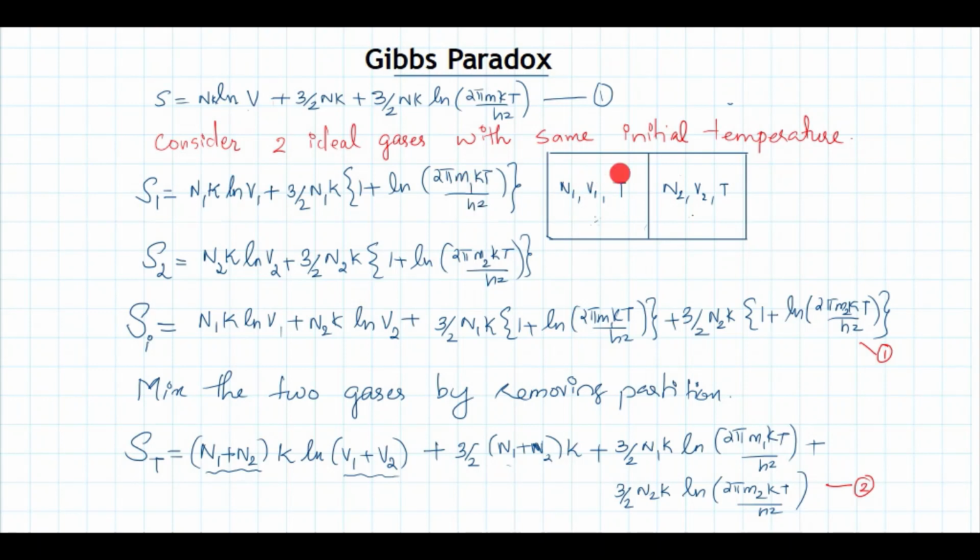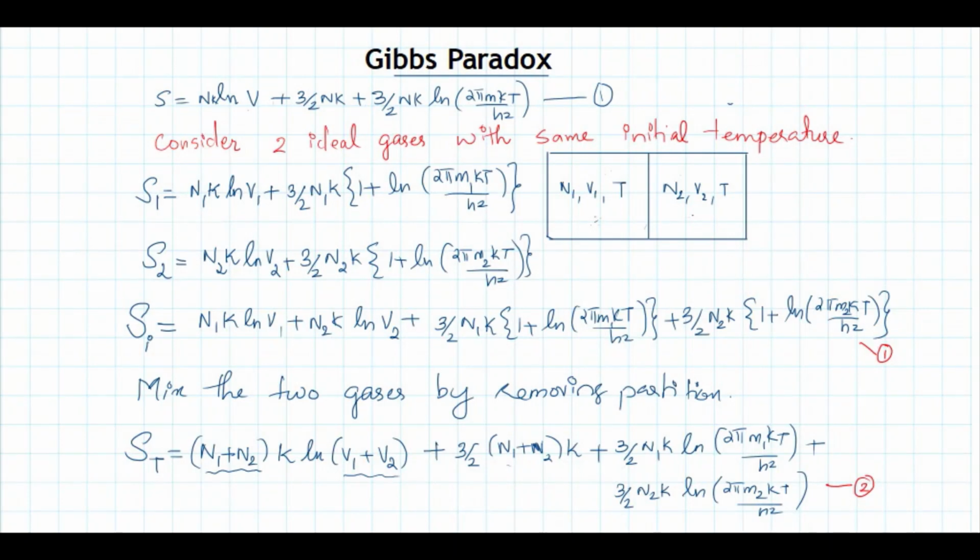Suppose the mass of molecules in this compartment is m1 and the mass of molecules in the second compartment is m2. So S2 is equal to N2 k log V2 plus 3 by 2 N2 k into 1 plus log 2 pi m2 kT by h square.